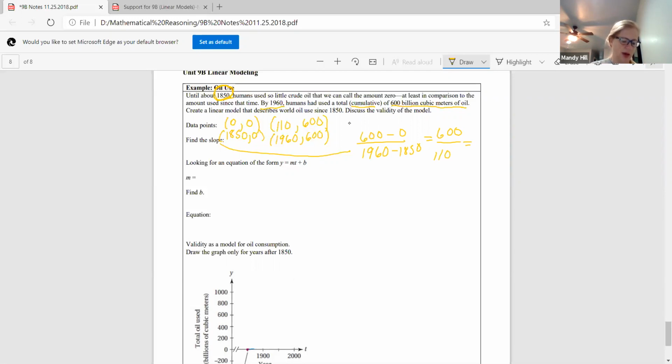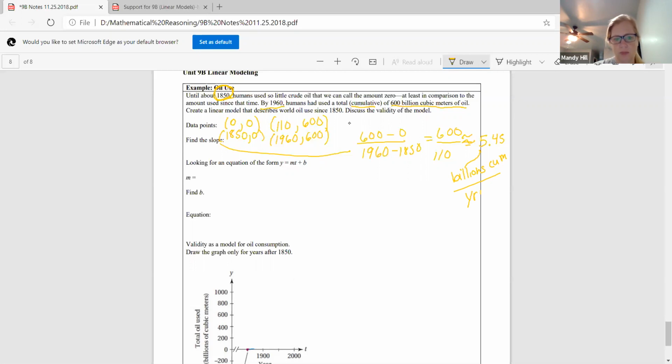So 600 divided by 110 is, I'm going to round this, approximately 5.45. So this is an approximation, and this would be billions of cubic meters of oil per year. It says look for an equation of the form y equals mt plus b.